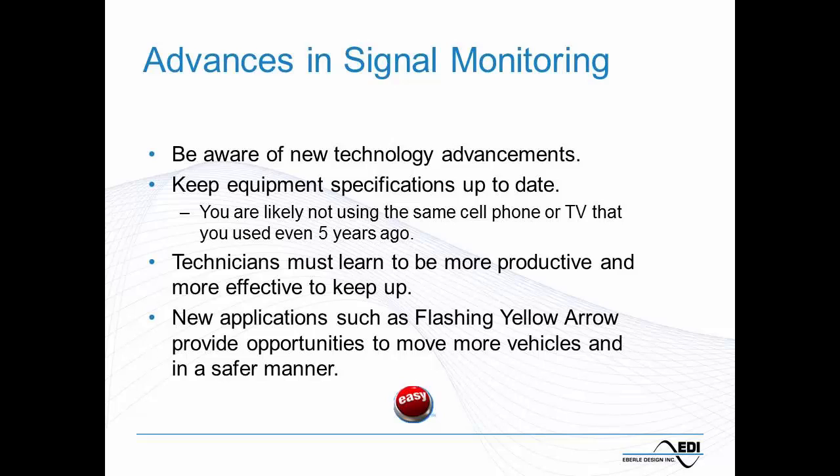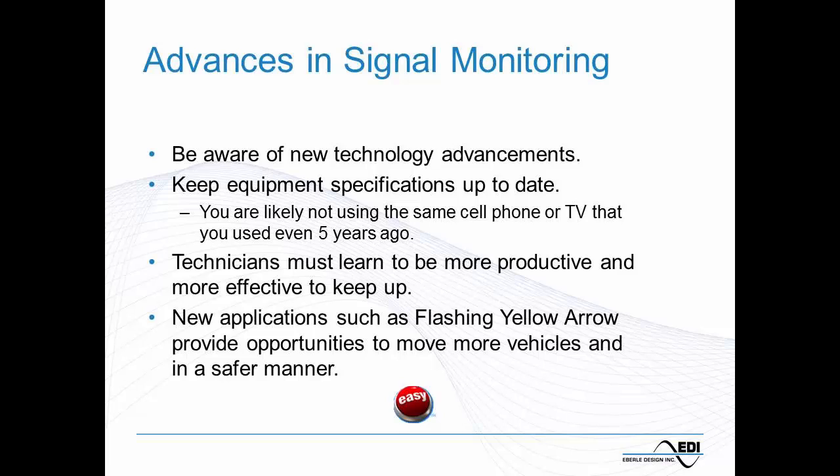So flashing yellow arrow is new. There's a slight learning curve, but I think once you do the first deployment, the first intersection, it becomes fairly straightforward. So we're happy to introduce this new functionality to the EDI Smart Monitor. You'll find other tools that we don't have time to review in this webinar. The built-in setup wizard will help us configure those channels.